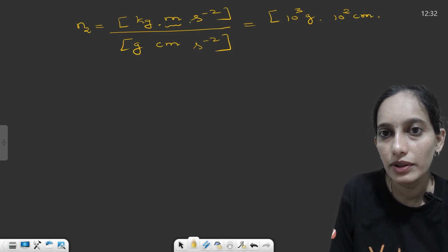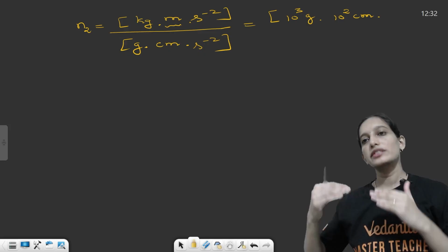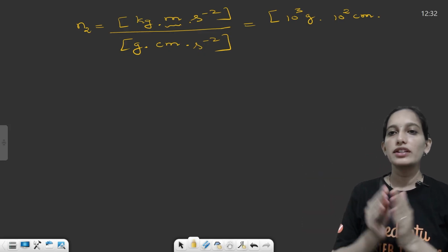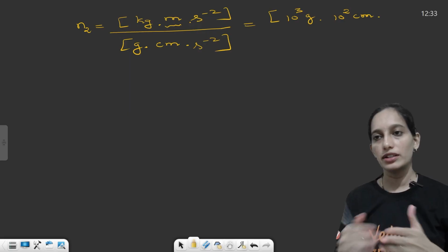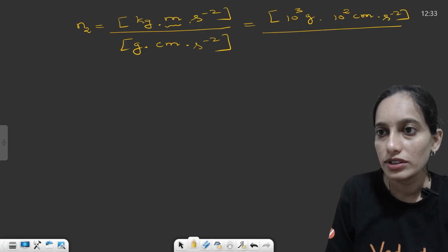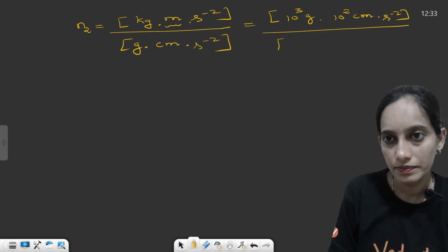If units are the same, we can cancel them and get the numerical value. That is why I am converting kg to grams and meter to centimeter, and second minus 2 we can keep as it is, because seconds is the same in both CGS and SI systems.